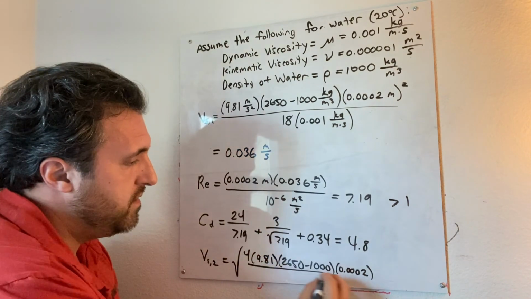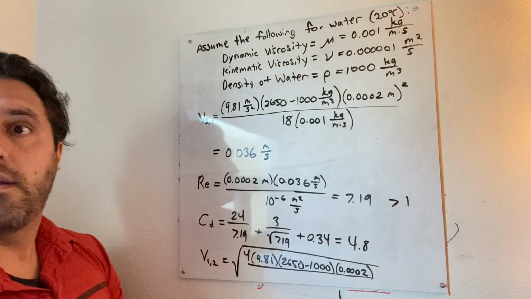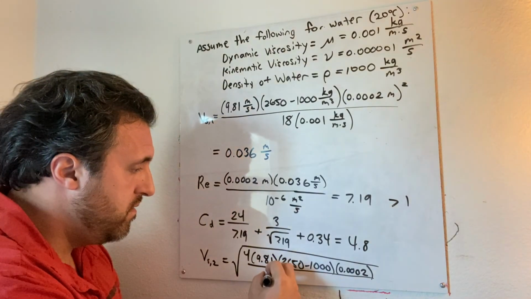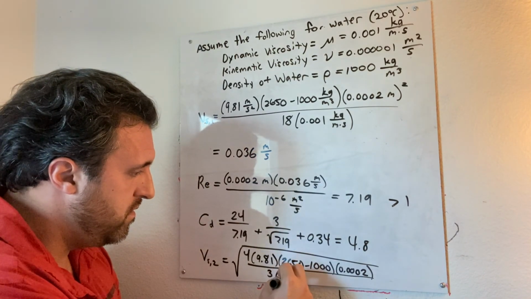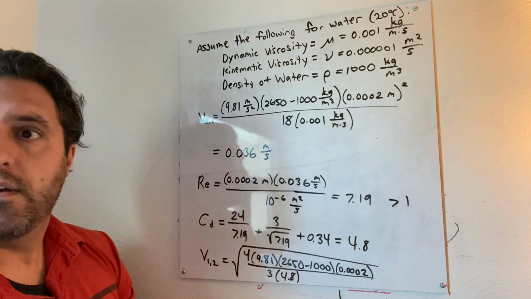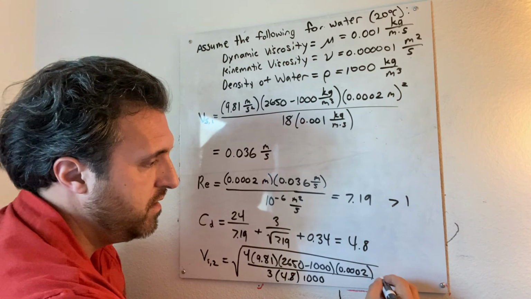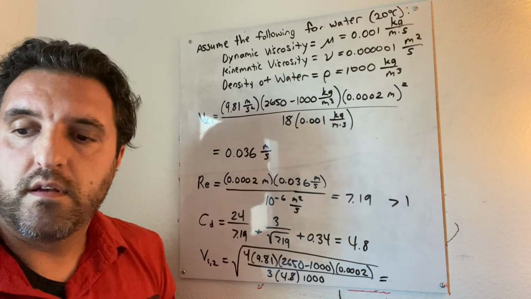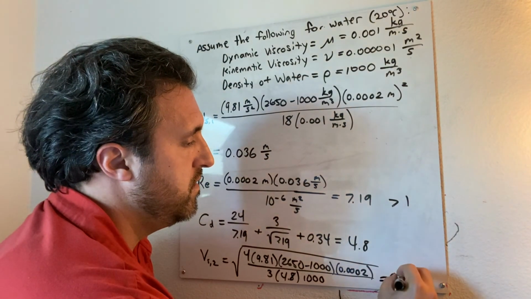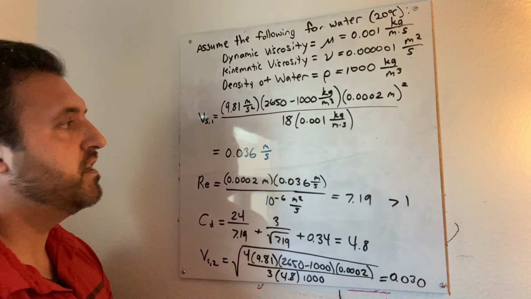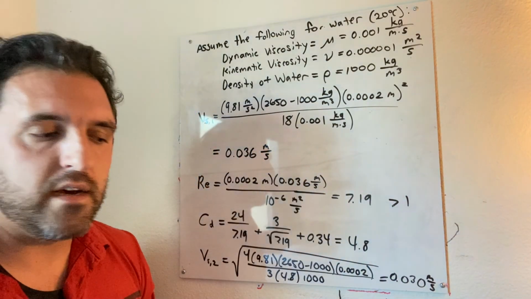That whole thing is divided by 3 times the drag coefficient 4.8 times the density of water 1000. That is going to give us a value of 0.030 meters per second. You can see it's a little bit less than what we calculated the first time around.